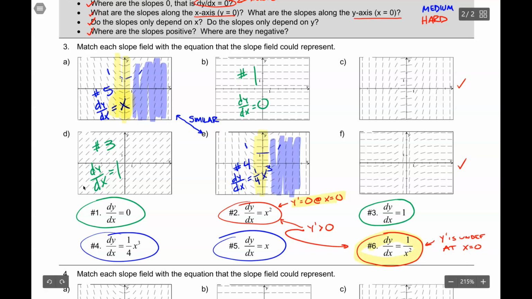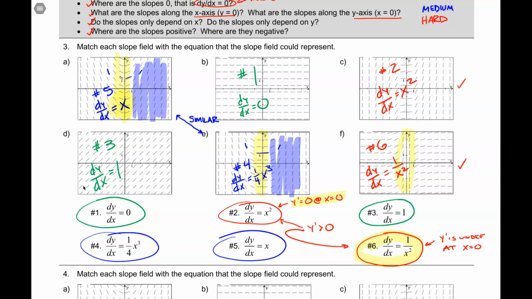And that happens right here. So this graph is differential equation number 6, dy/dx equals 1 over x squared. And last but not least, this is number 2, dy/dx equals x squared.